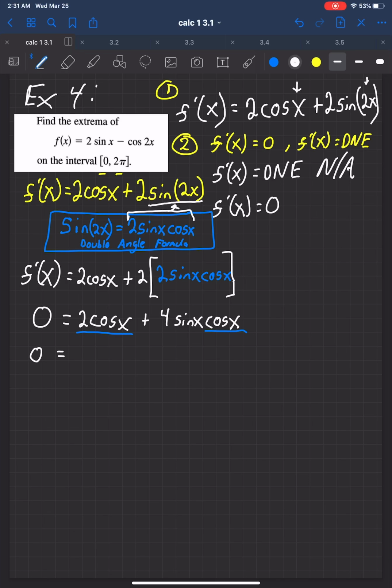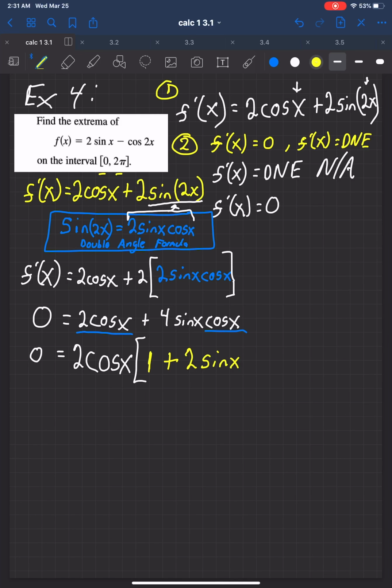So if I factor out a 2 cosine of x, let's see what's left over. If you factor out a 2 cosine of x from 2 cosine of x, there would be 1, plus, and if I factor out 2 cosine of x from 4 sine of x cosine of x, that would be 2 sine of x.